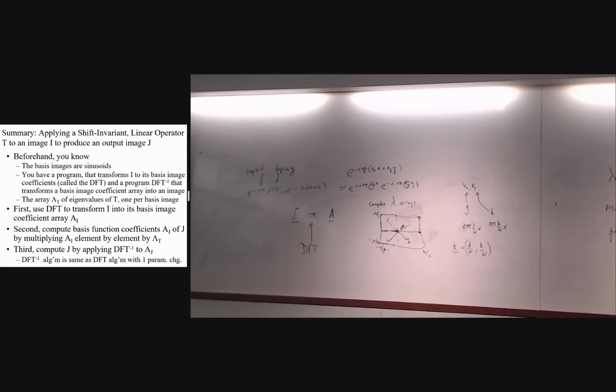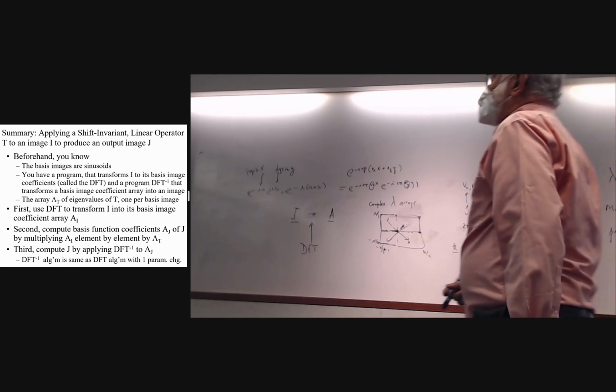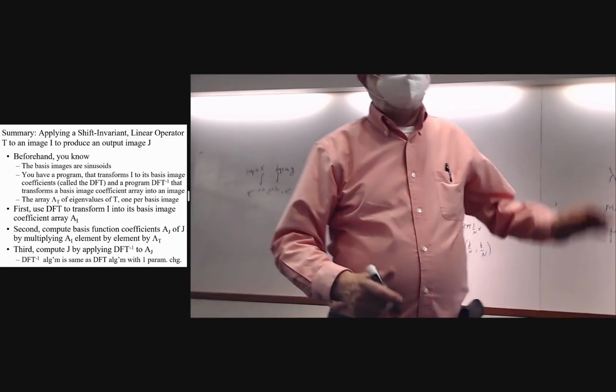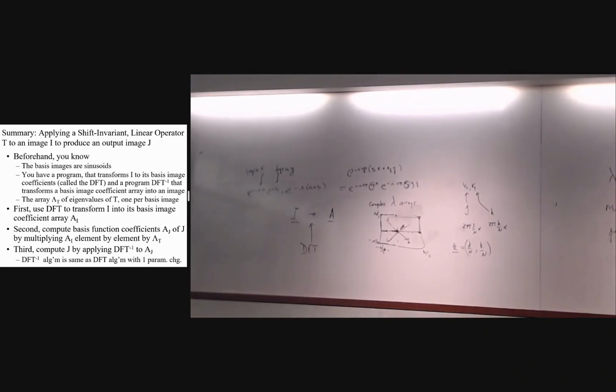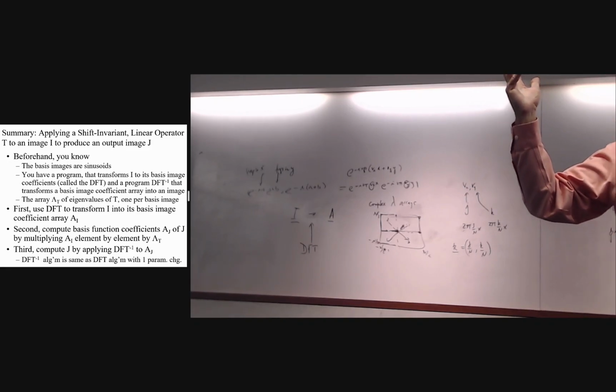It's just a parameter, a toggle for the same program, whether it goes DFT or inverse DFT. All those exponents change sign: e to the a turns into e to the minus a, but other than that, the whole business is the same when you're doing the inverse DFT. So the single program with the toggle gives you either the DFT or the DFT inverse.